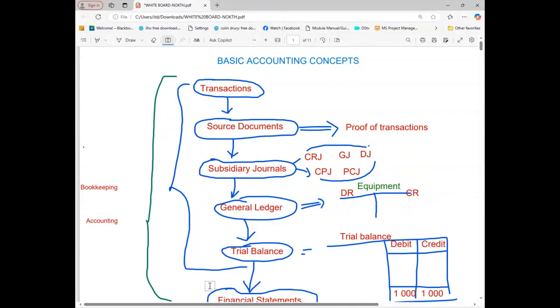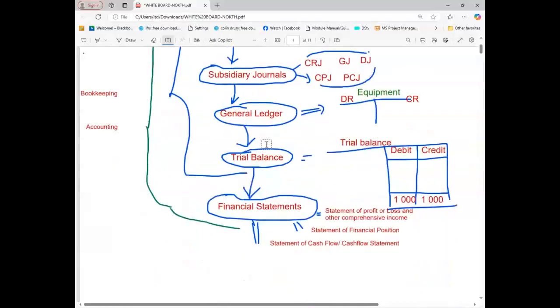I don't know if it makes sense or not. Yes, it does. The bookkeeping is only up to trial balance, but if you take the whole process, that is called accounting.